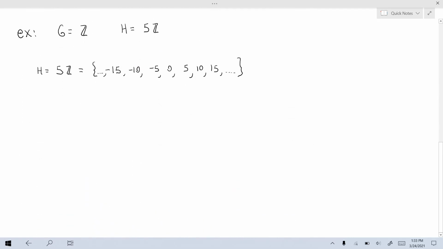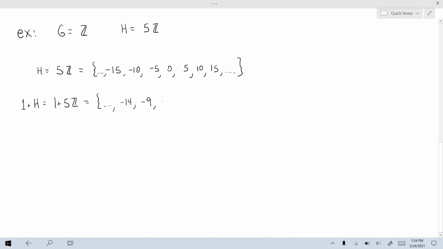Let me take a number that's not in H right now. I see that the number 1 is missing. So let's take the number 1. The group operation is addition, so let's try adding 1 to every element of H. This will give me a coset of H, and I'll list some of the elements in this set.